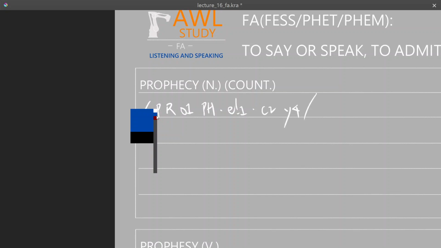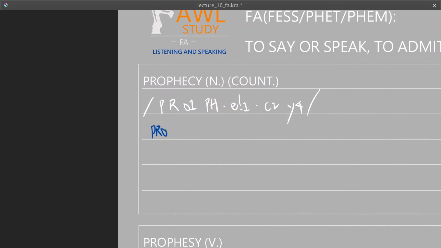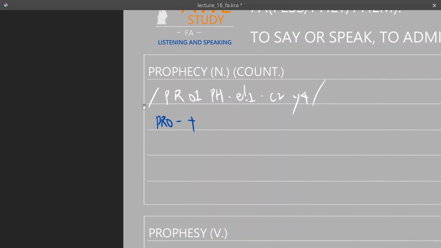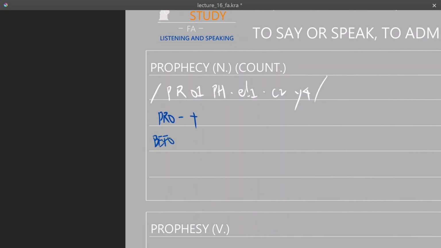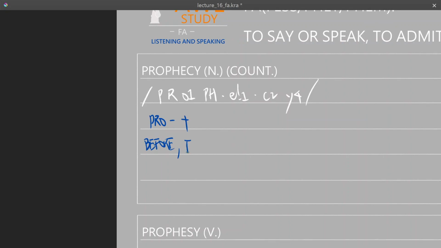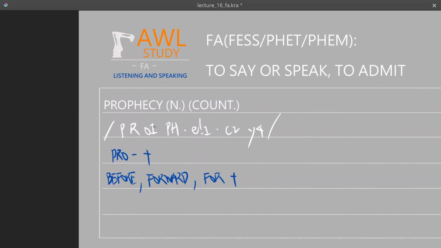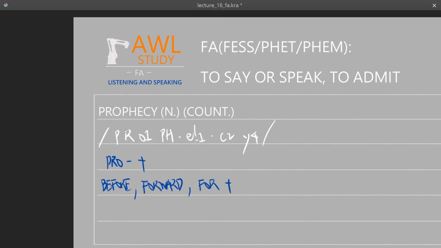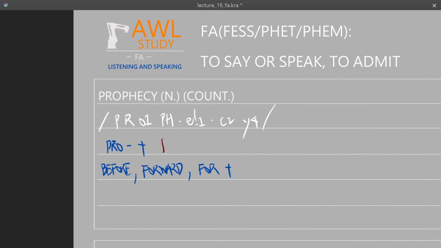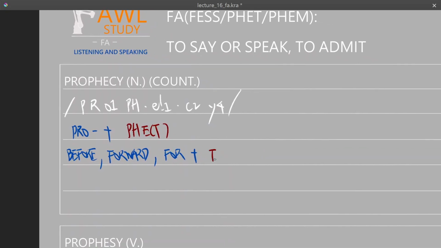All right, we have the prefix pro, meaning before, forward, or for. And we have the root, meaning to say or speak.